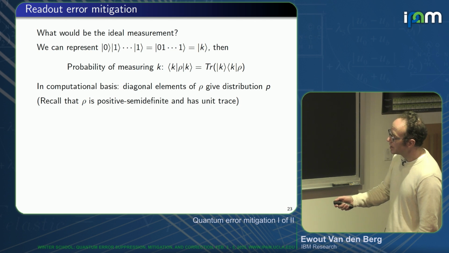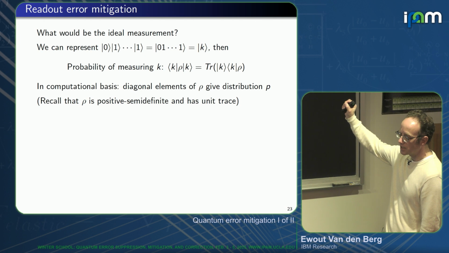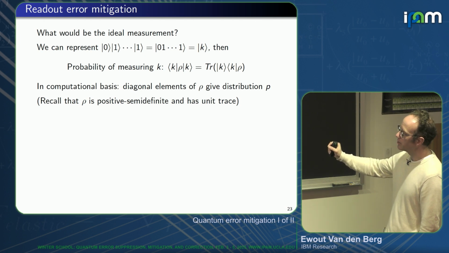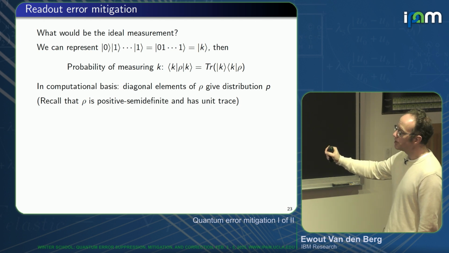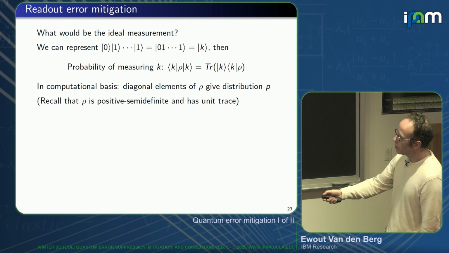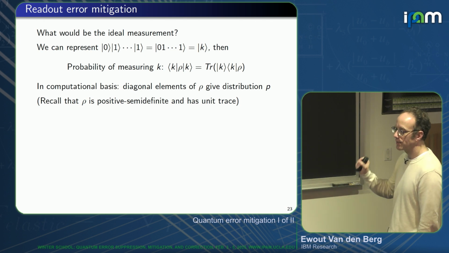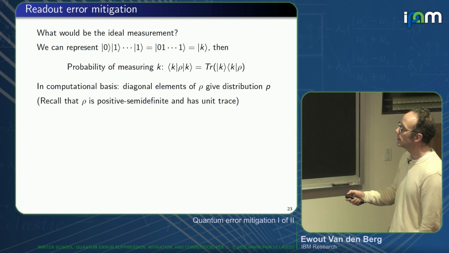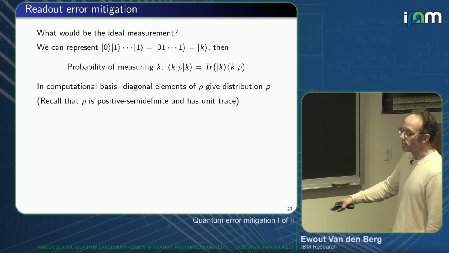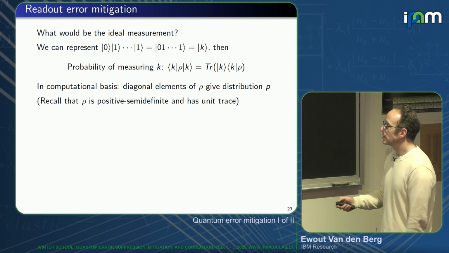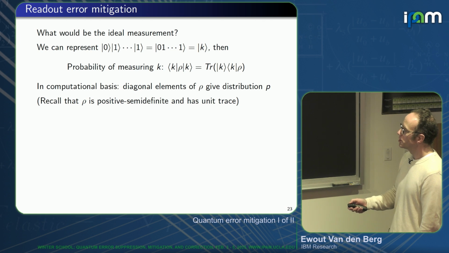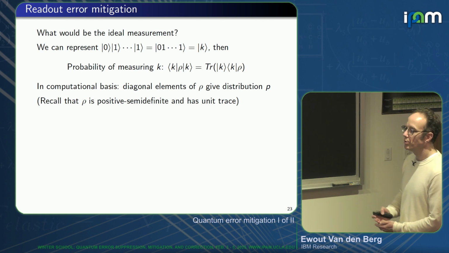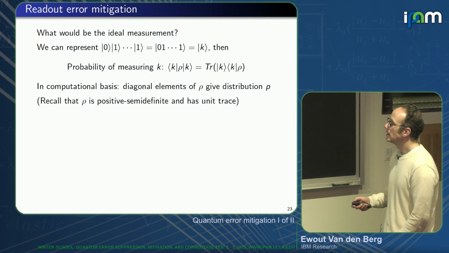If you look at it, it just means there's a 1 in a vector of 2 to the n at location k. If you multiply on both sides, you just extract the kth element of the diagonal of rho. So the diagonal elements of rho, which sum up to 1, as we saw earlier, give you the distribution of measuring these computational basis states.